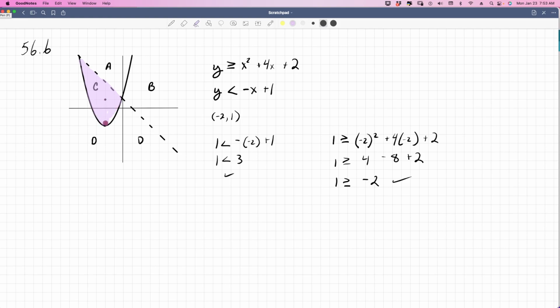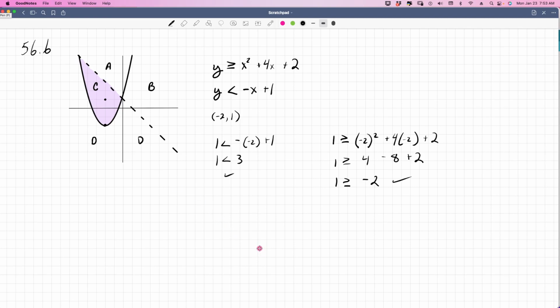Now keep in mind that because this says equal, it's not just area C that satisfies this particular parabola, it's also the line. But the area of points that satisfies both is the line and this section of points.